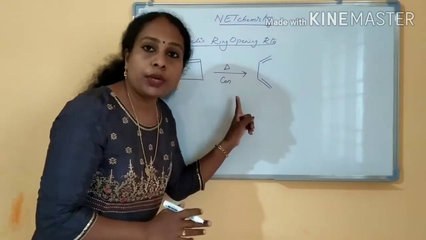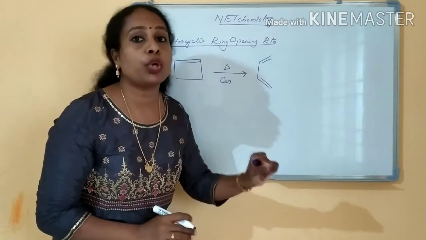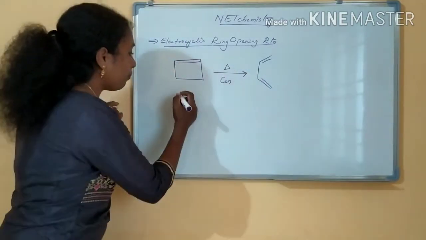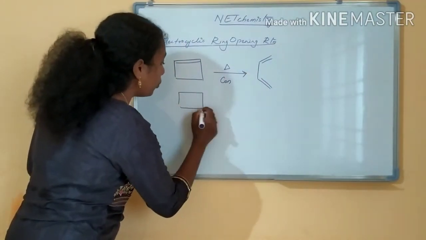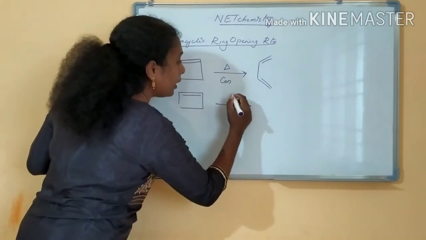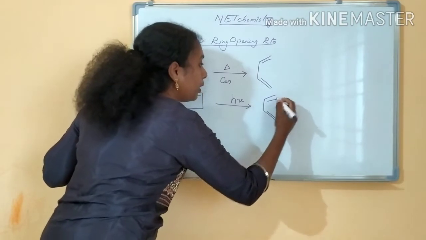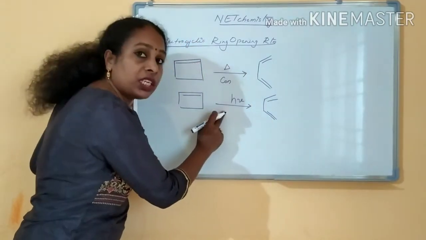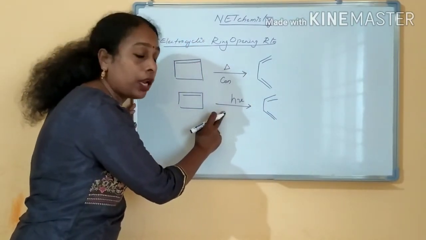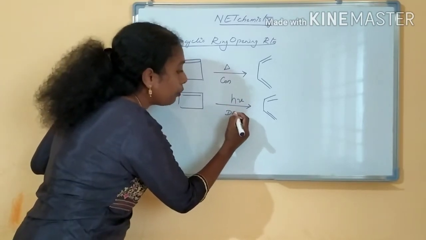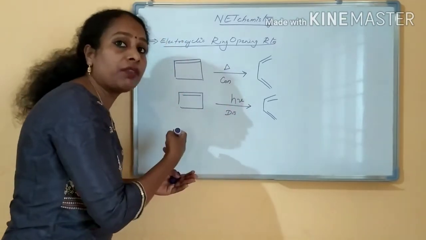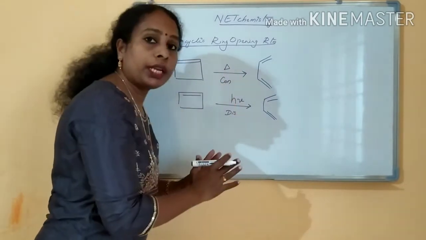While ring opening also, you have to take the same rotatory mode. Now cyclobutene under photochemical condition converts to 1,3-butadiene. Which rotatory mode was allowed here? Disrotation was allowed for ring closure. The same thing will happen for the ring opening reaction also.